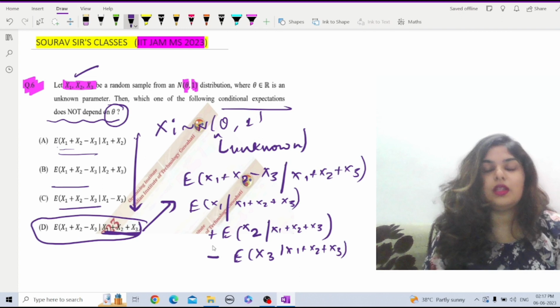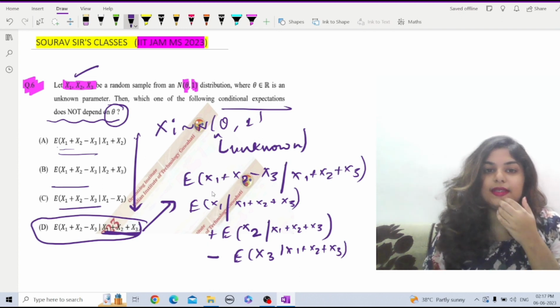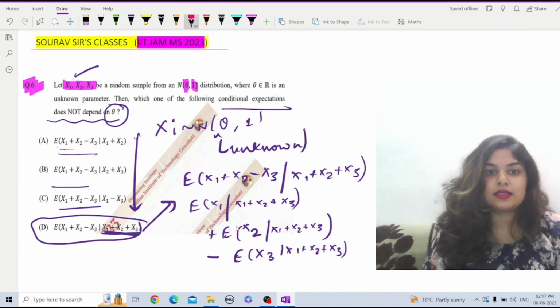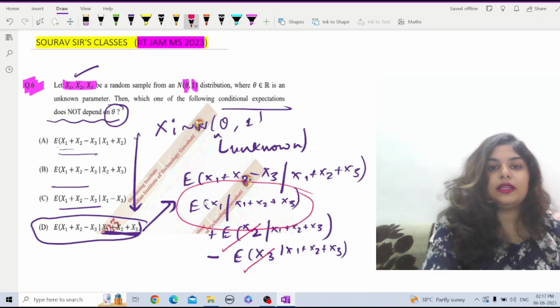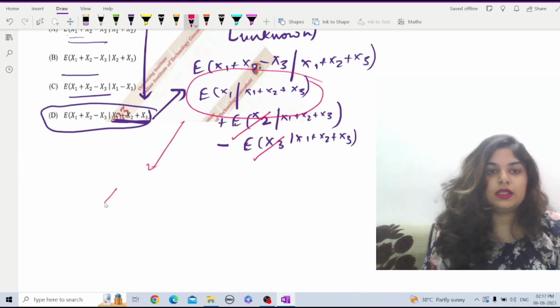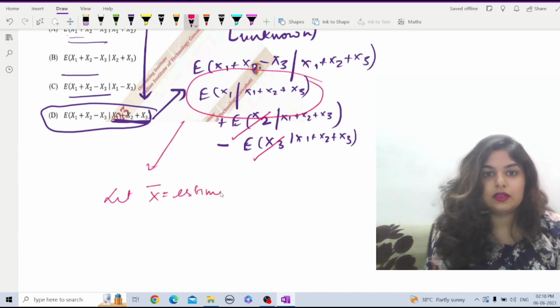Now here these are all unbiased estimators individually and they are independent, so I can say that these are all equal, and hence I can just strike off this plus and minus term, so I am left with only this term. Now let us say that X bar is equal to the estimator of theta, the unknown parameter, right? Now what is X bar?